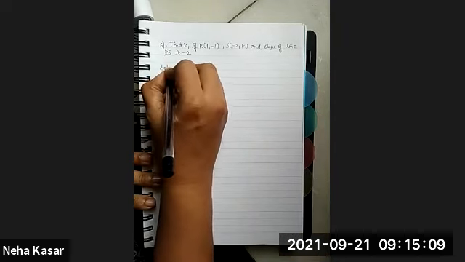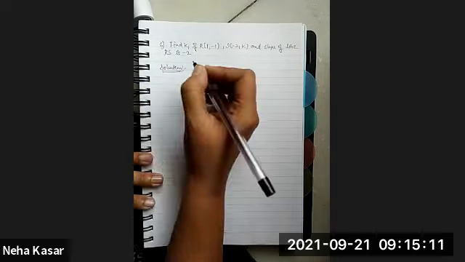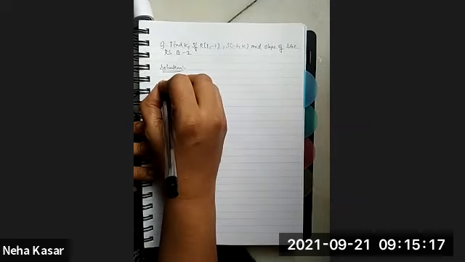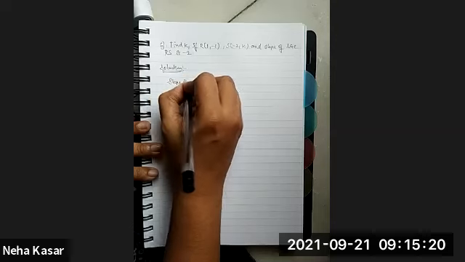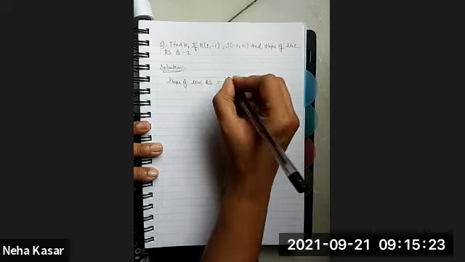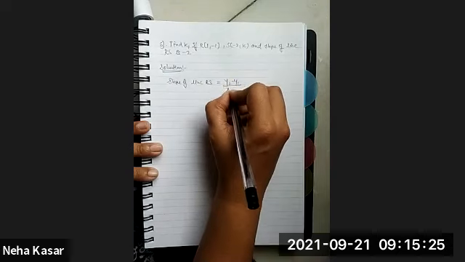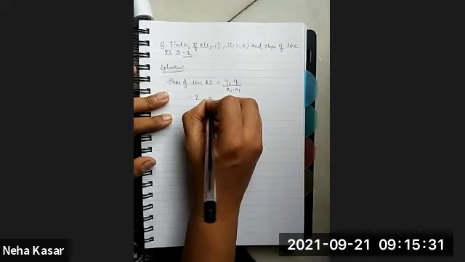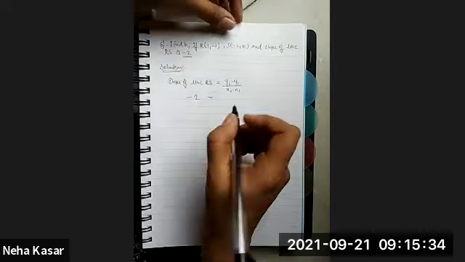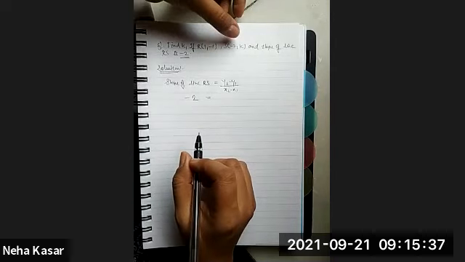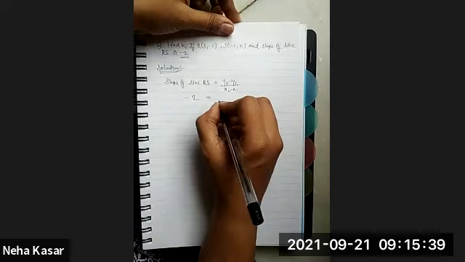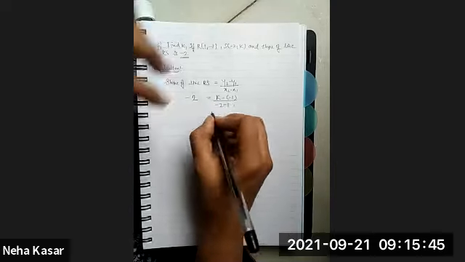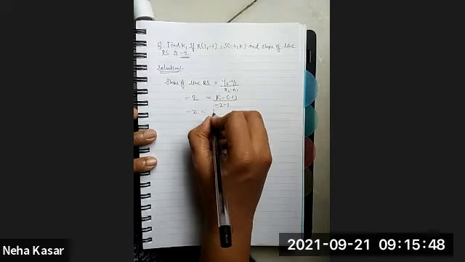So solution, slope of line RS is equal to y2 minus y1 upon x2 minus x1. ठीक है, तो slope of line RS is given -2, तो यहाँ पे लिखेंगे -2 and here substitute the value of the coordinates. So this is your x1 y1 and this is your x2 y2. ठीक है, so it will be k minus of -1 and here it will be -2 minus 1. ठीक है, तो step by step solve करो.